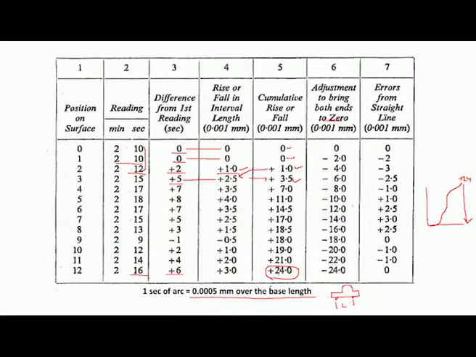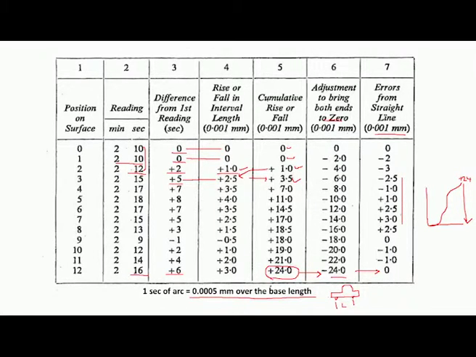So, this end should be brought back to 0. We add minus 24, then we get 0. Like this we have to add the adjustment values, and finally we get errors from the straight line in terms of 0.001 millimeter, or directly in terms of micrometers.